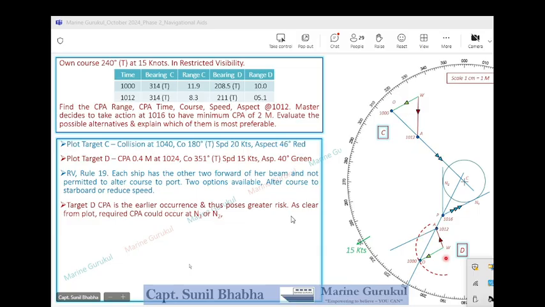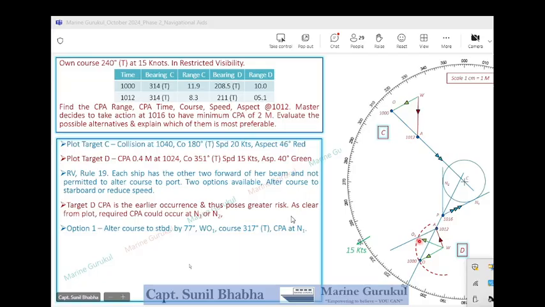The arc is centered at Whiskey and the radius is equal to Whiskey Oscar. Now this arc intersects our new relative line of approach at this particular point. So let us name this particular point as Oscar 1. Now we join W to Oscar 1.